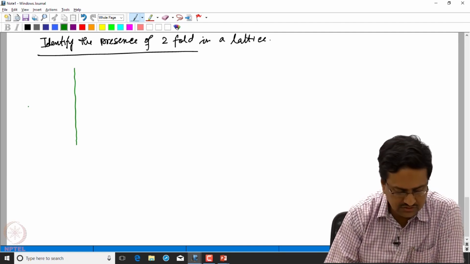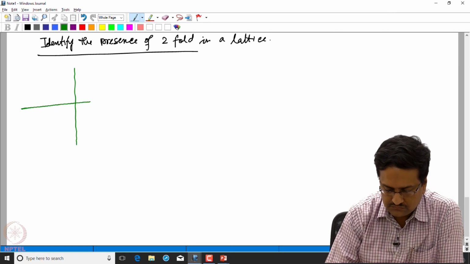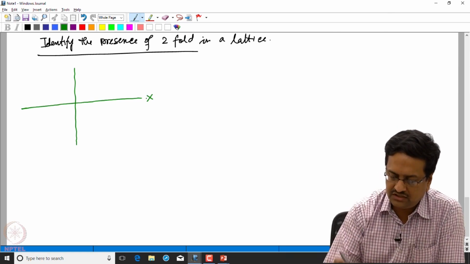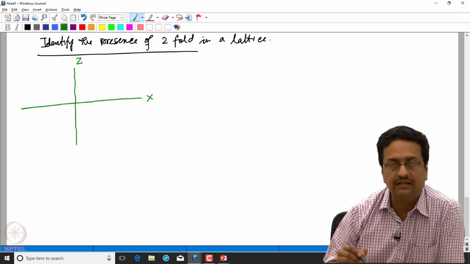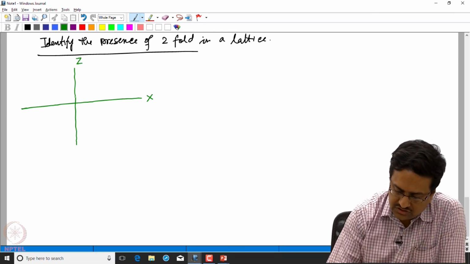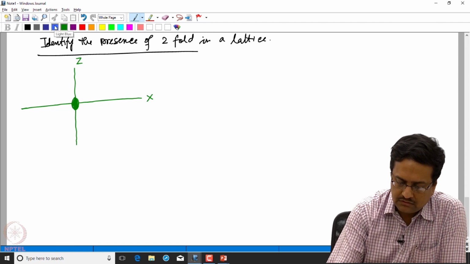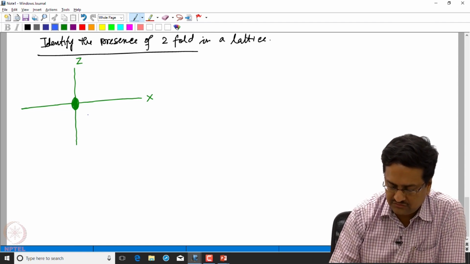Suppose my twofold is parallel to y, so I am projecting it on the xz plane. This twofold which is along y is marked here. This is my object which I am now rotating about this axis.